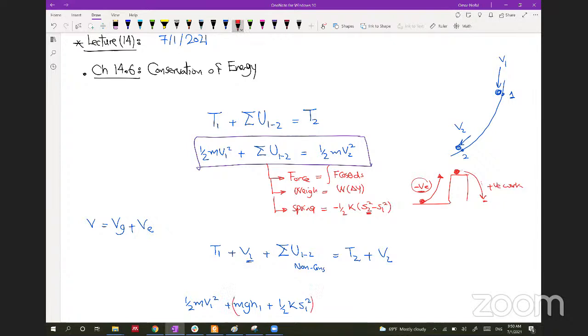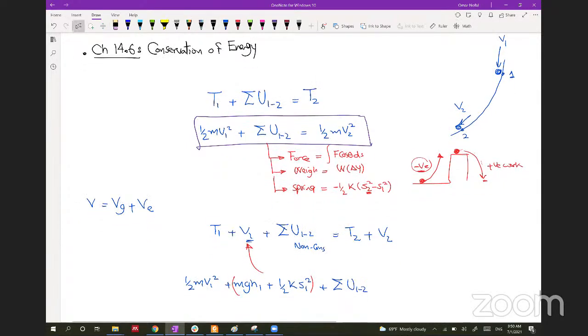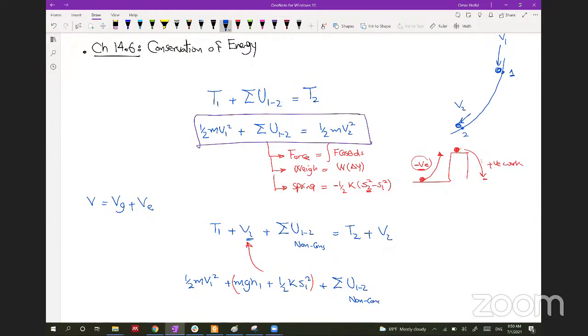So this is related to V1, plus the sum of U from 1 to 2 done by the non-conservative forces will be equal to half m v2 squared plus m g h2 plus half k s2 squared, and this is related to V2.